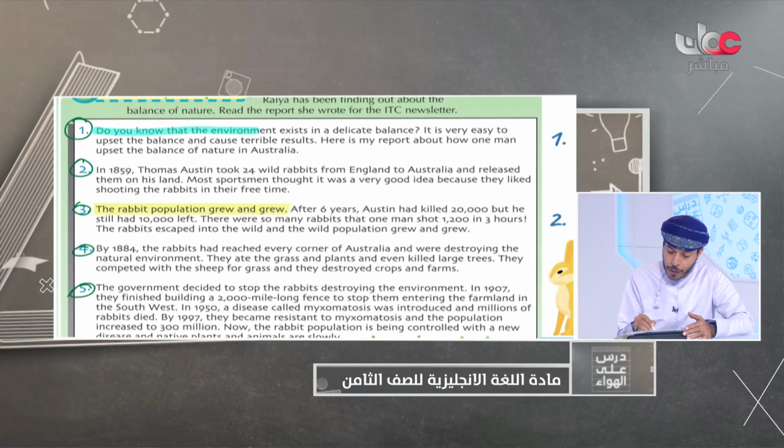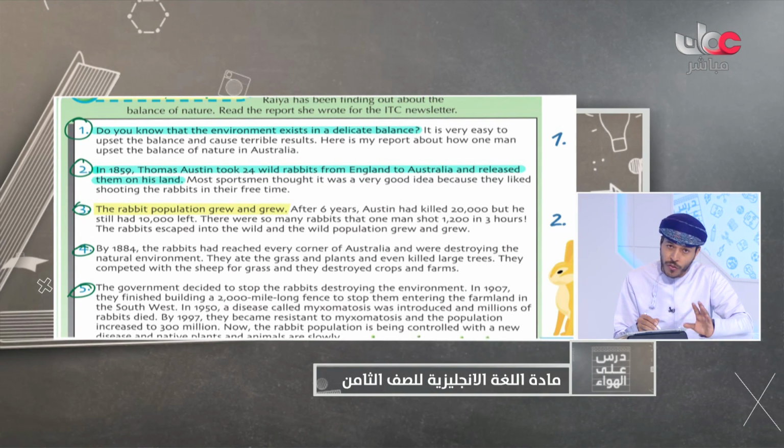This is the topic sentence for paragraph 1, and this is the topic sentence for paragraph number 2, and we know that the sentence ends with a full stop or a question mark. Okay, and this is shaded already. And then paragraph number 4, we have this topic sentence.